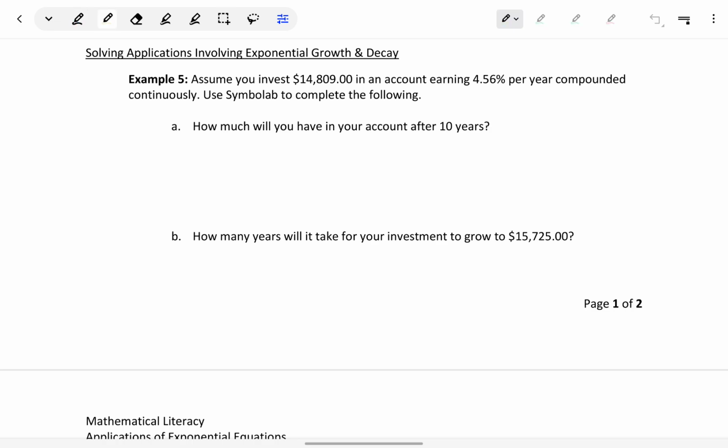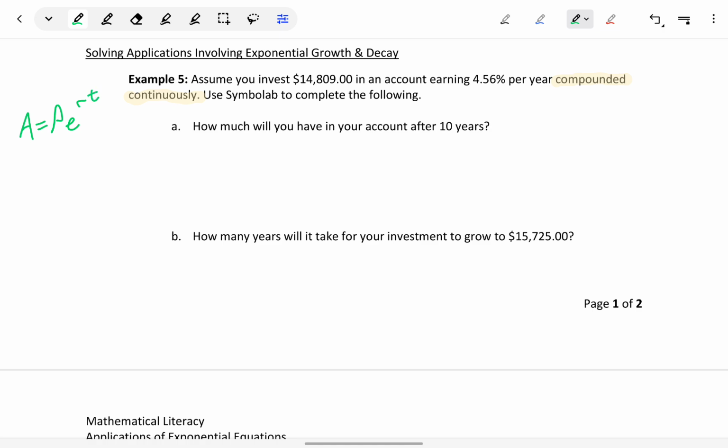That statement, compounded continuously, is one we want to look out for in these investment questions. That's going to tell us that we're going to use the formula A equals P E to the RT.